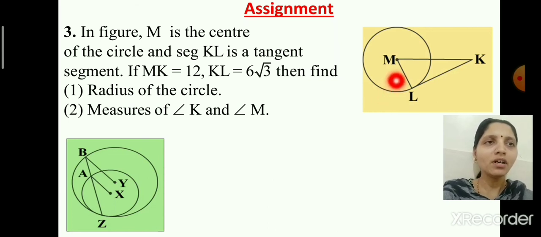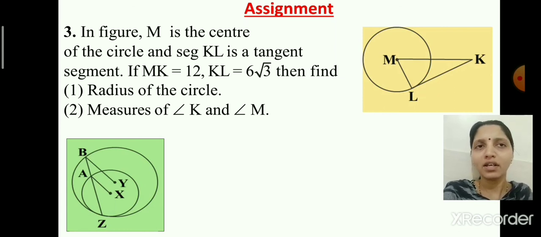Here ML is perpendicular to this tangent segment KL, so you will get a 90-degree angle. Here you can apply the Pythagoras theorem. With this you can find the radius and then you can find the measure of angle K and angle M.